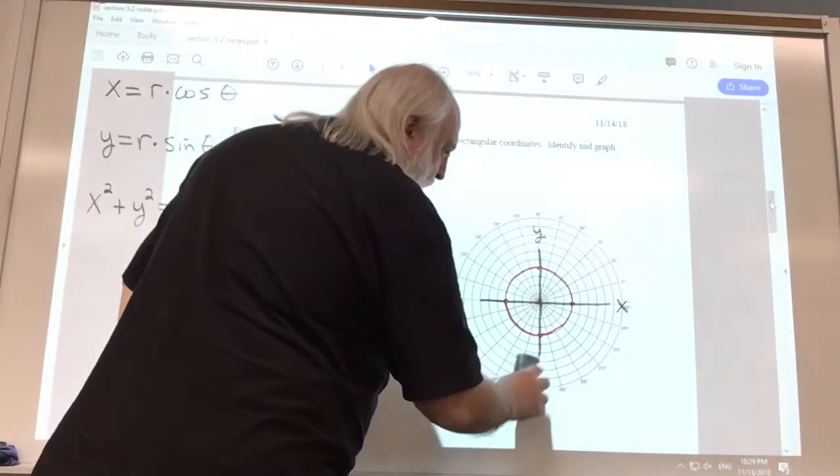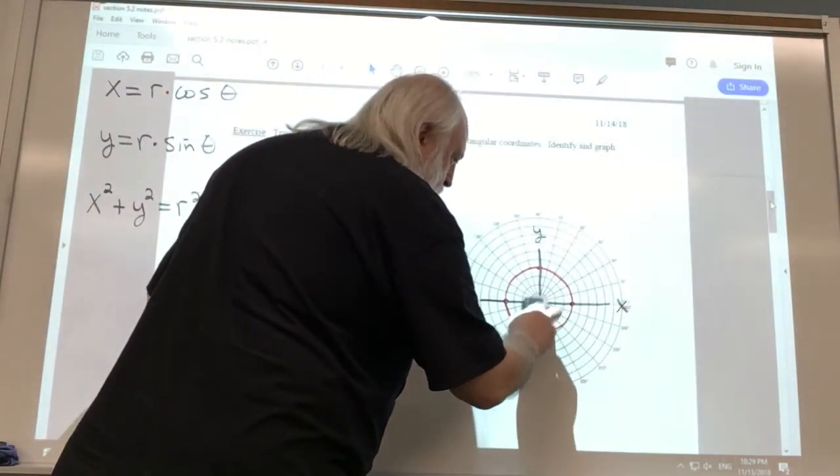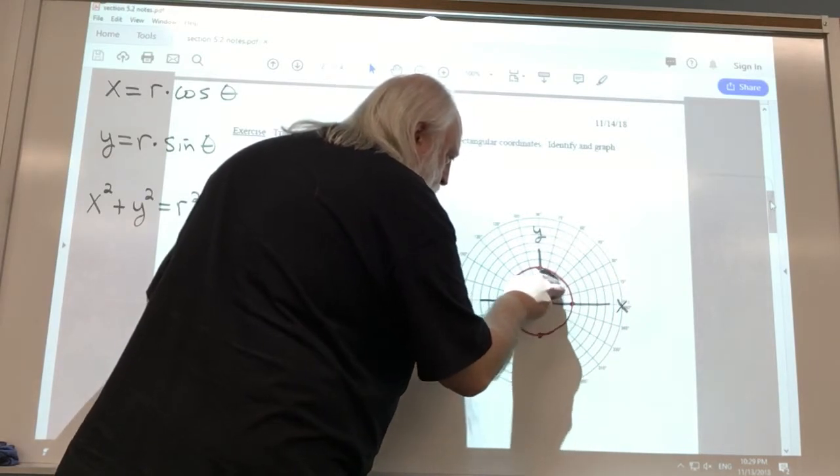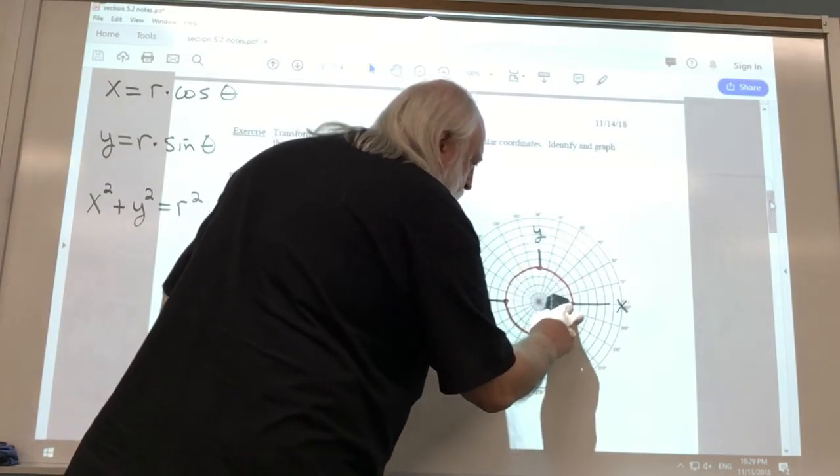And now I can erase the coordinate plane, the x and y axis.